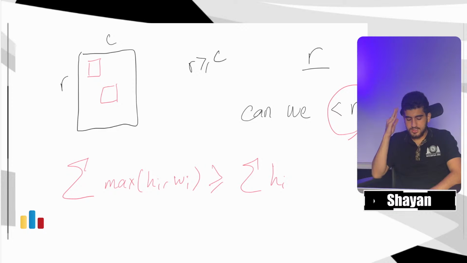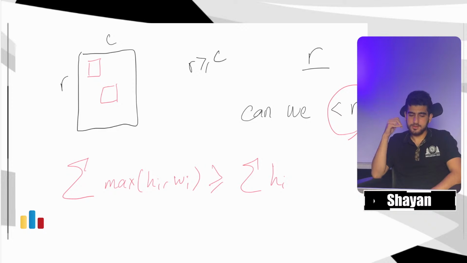So if your total cost is less than r, the sum of the heights of the grids that you're choosing is going to be less than r as well.